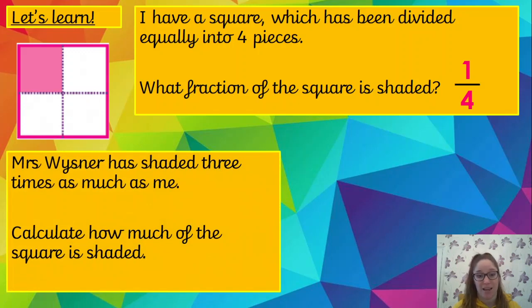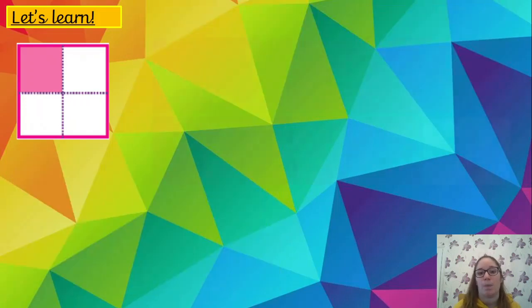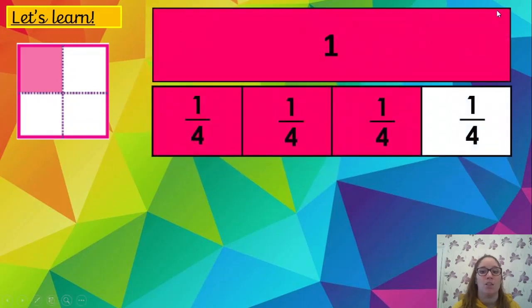Mrs. Wisner has shaded 3 times as much as me. Calculate how much of the square is shaded. So Mrs. Wisner has shaded 3 times as much. How much has she shaded? Okay, so this is a whole. This is 3 times the amount as mine, because I had 1. So we're doing 3 times as much as mine.